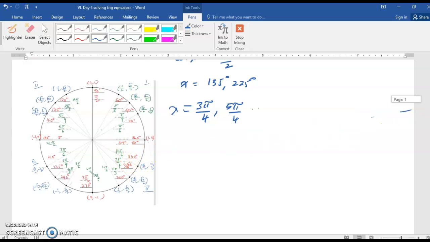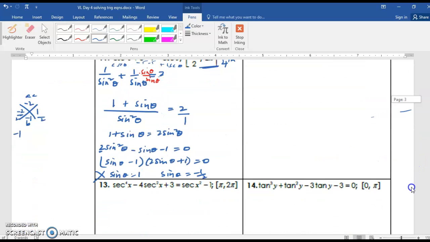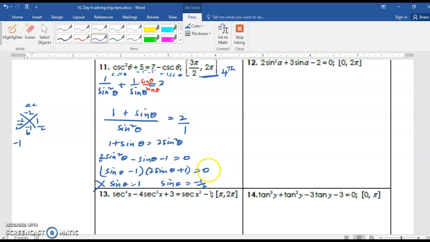So 11 pi over 6 or 330 degrees. So I need to scroll this down. So theta from here, theta is 11 pi over 6 or 330 degrees. Okay, so this is it. This is how you should do it. And so I'm going to leave you here.